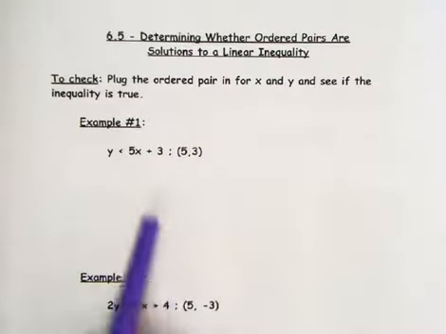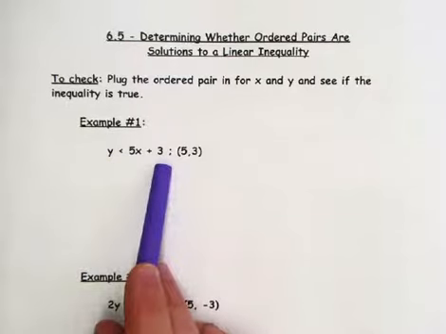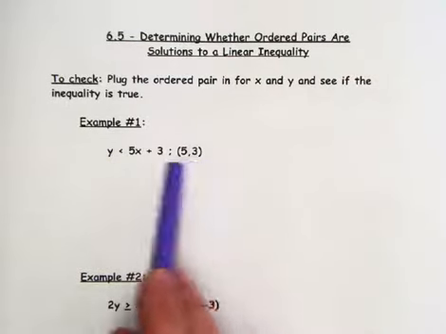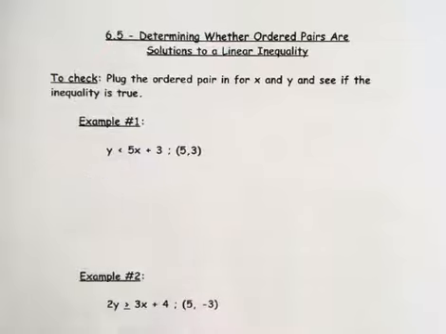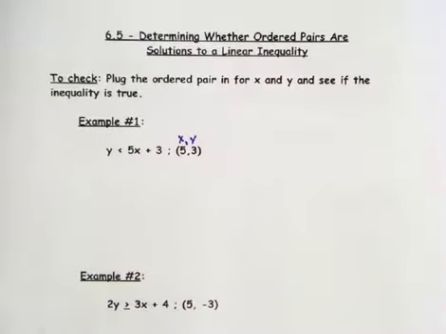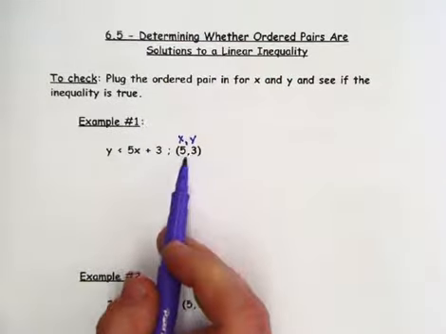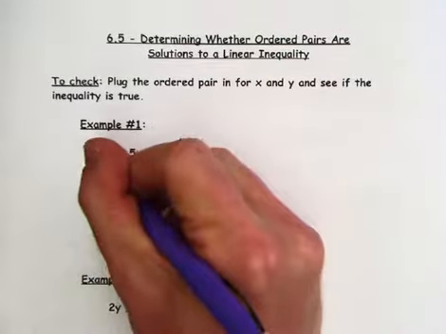That means we're given some kind of linear inequality. Here we have y is less than 5x plus 3, and we're given an ordered pair. And we have to say, is this ordered pair a solution? Let's see how we would do this. Well, in this case, our ordered pair here is x comma y, right? So all we have to do is plug this into our inequality. I'm going to use some different colors just so you can see how this works. So for y, we're going to plug in 3, right?